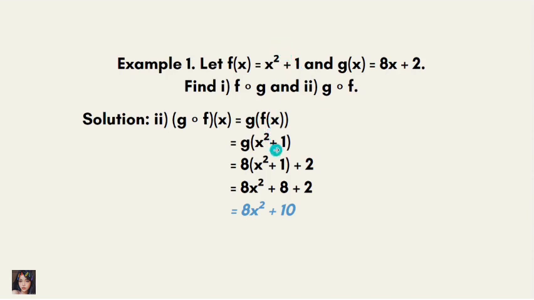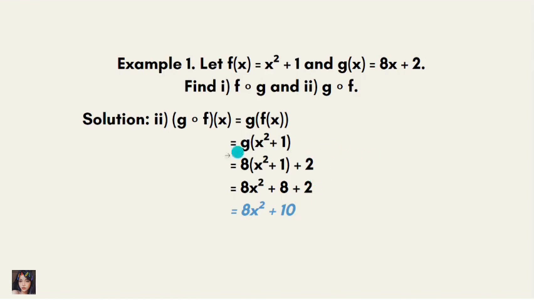So we will substitute here. That's why we have this. And after that, we will use the value of g of x, which is 8x plus 2. But we will replace the x with the value of f of x, which is x squared plus 1. So as you can see, we copy here the 8, and then we replace the x here with x squared plus 1, or the value of this f of x. And then we will copy the 2.